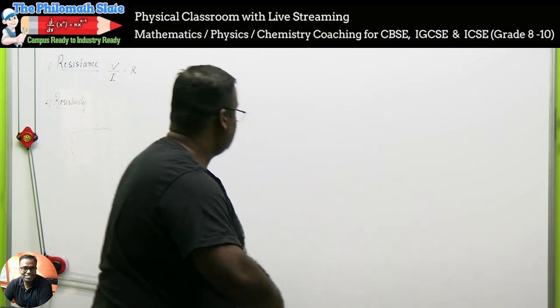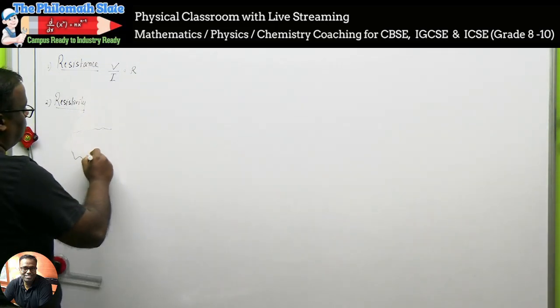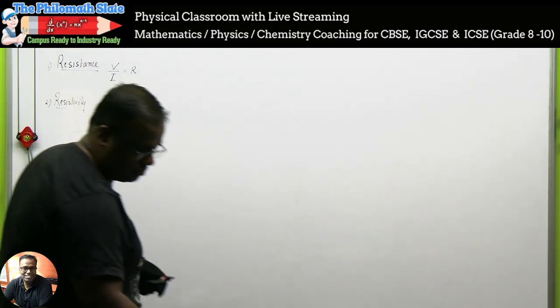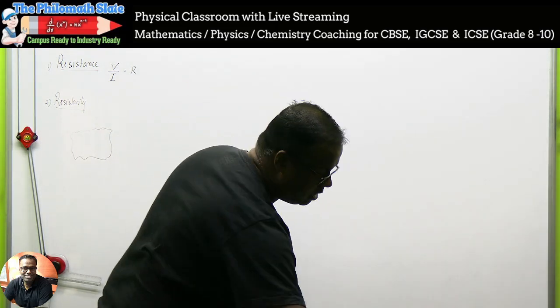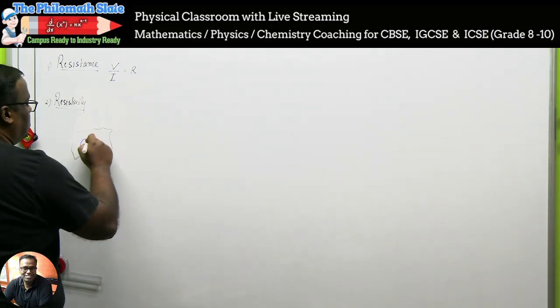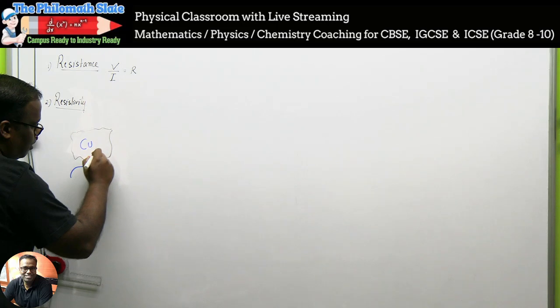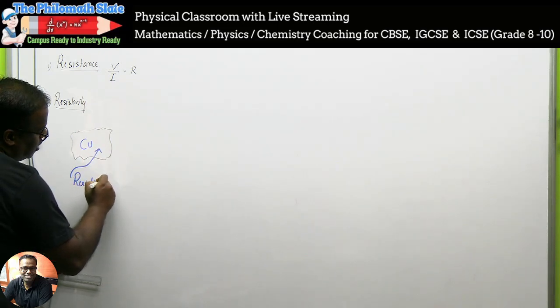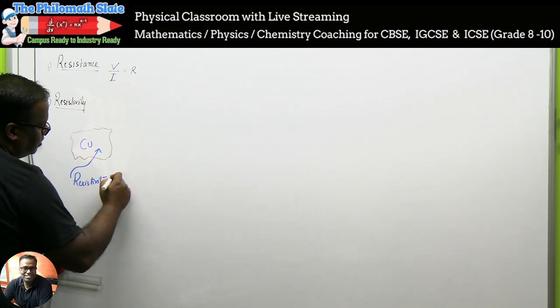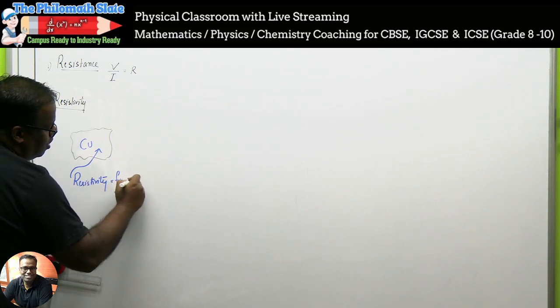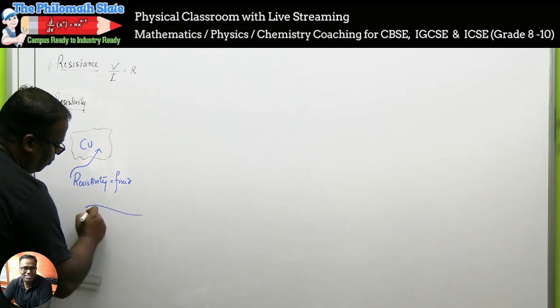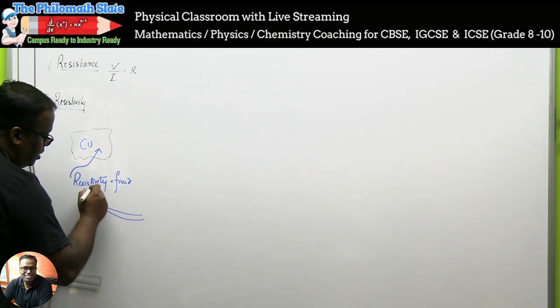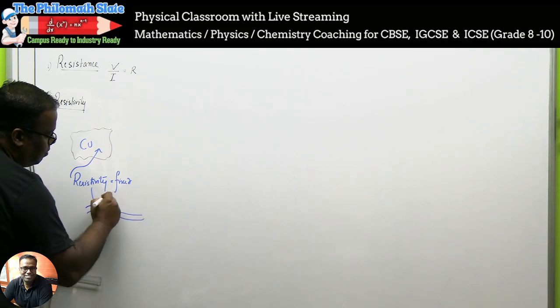Okay. Say suppose I have a piece of copper out here. Let's say this is a piece of copper. The resistivity of this piece is fixed. Or if I have a strand of wire, I don't know what the dimension is, its resistivity is also fixed, and both are the same.